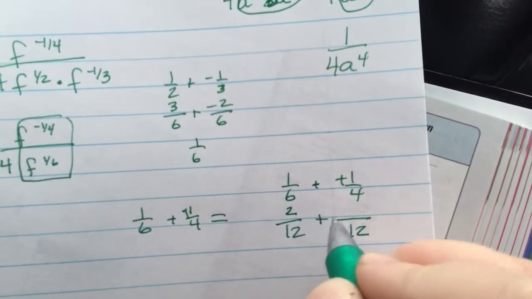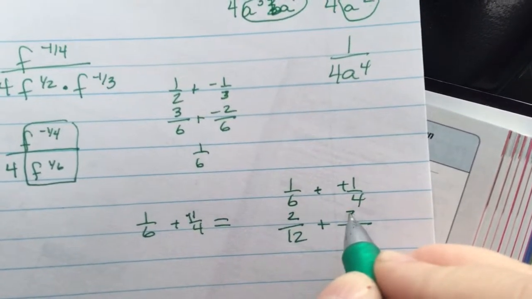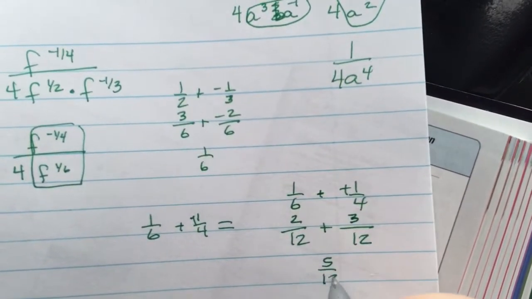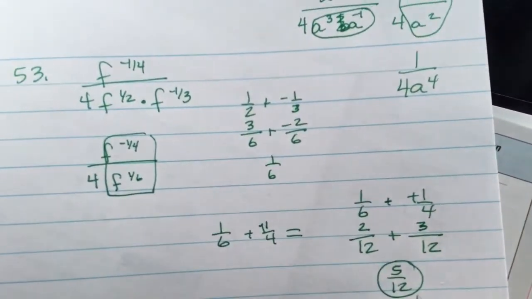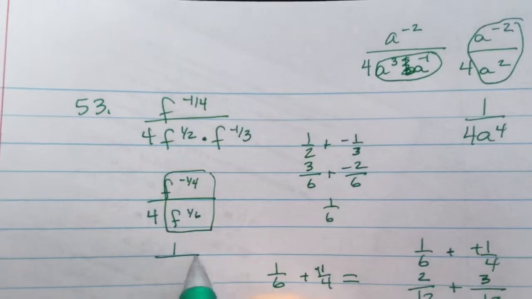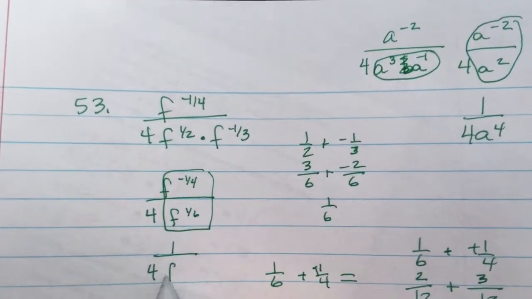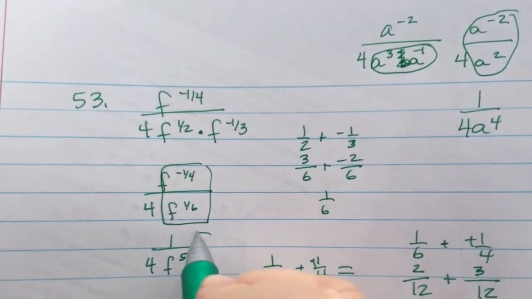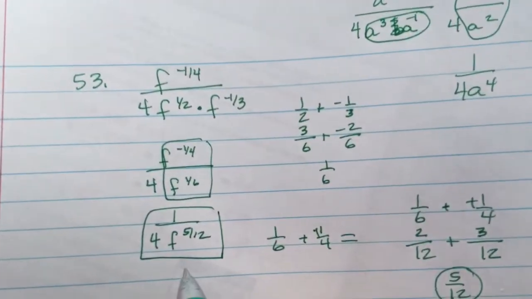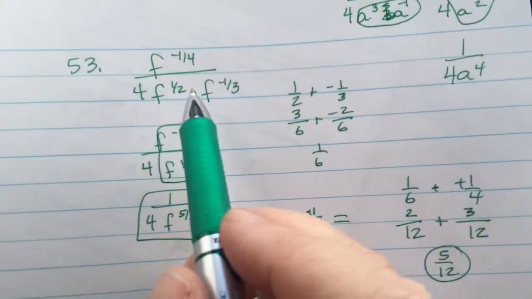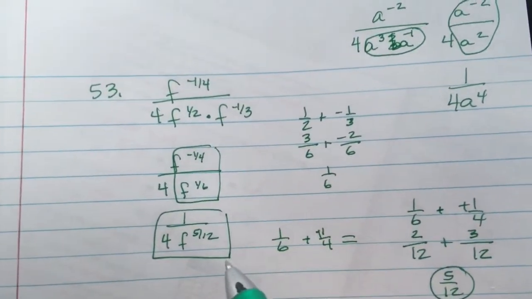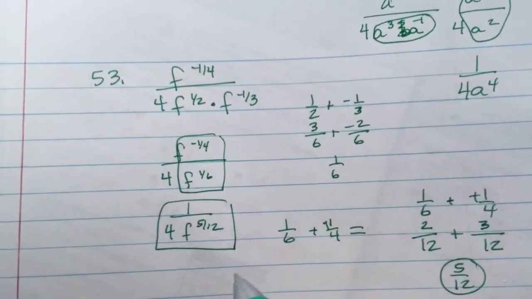So 2 twelfths plus 3 twelfths is 5 twelfths. Then you put your answer where your big is. So we have 1 over 4f to the 5/12 power. That's my final answer, because my original problem had rational exponents, so my final answer can have rational exponents.